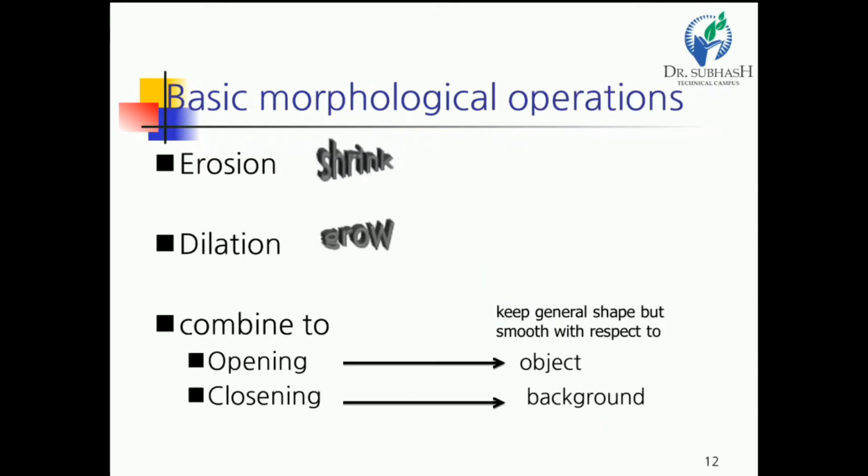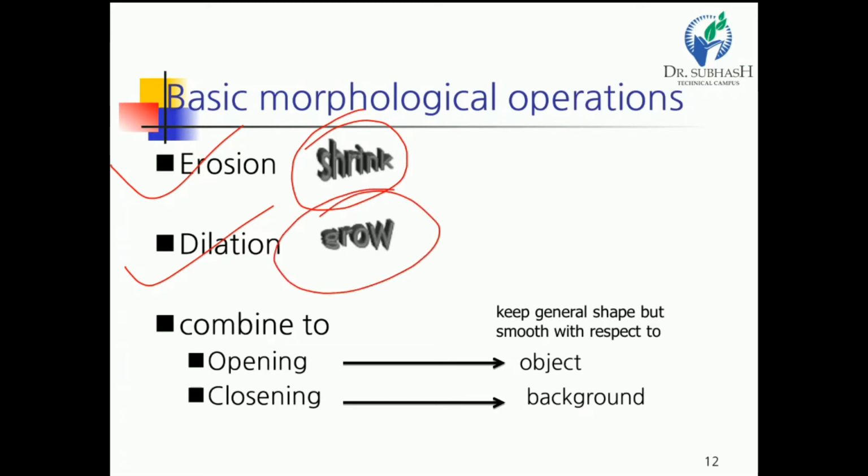For basic morphological operations, we use the basic mathematical morphological operations. The first one is erosion, the second one is dilation. We will discuss erosion and dilation later, where we can see what effect is created by using erosion and dilation.